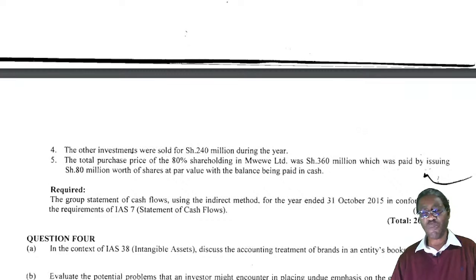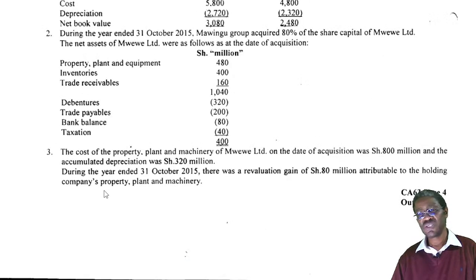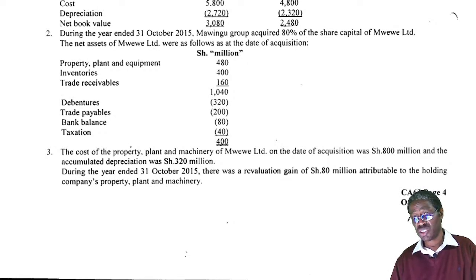Good. So we go back to that note number 2. From note number 2, we realize among the assets coming in is what? If you look at this list, there was no cash, but I can see bank there. And I hope you can see bank is in bracket. Bank balance is in bracket, meaning it's an overdraft. It is an overdraft. Are you there? Good. It is an overdraft.